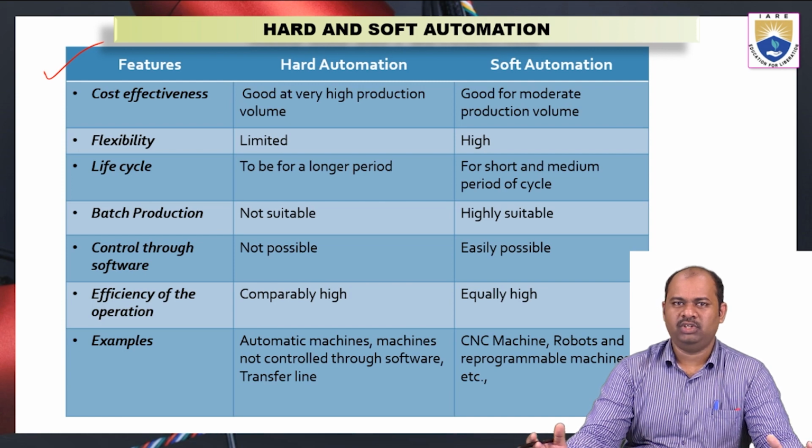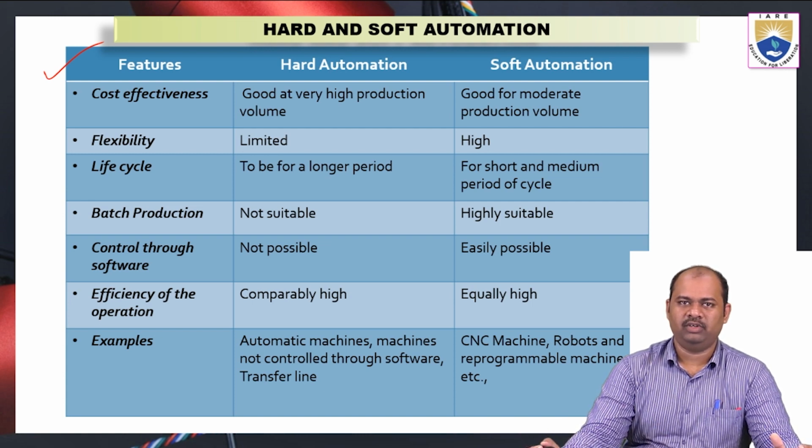Whatever automation we do in this manufacturing system is hard automation, because we don't need any program or a computer for that. We need a numerical control system which will operate the filling of the bottles, closing the caps and stickering the bottles. All these things will be done by the hard automation system.